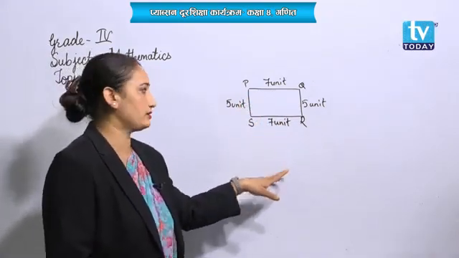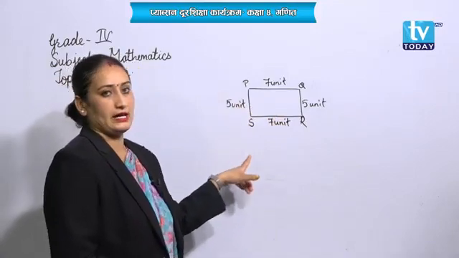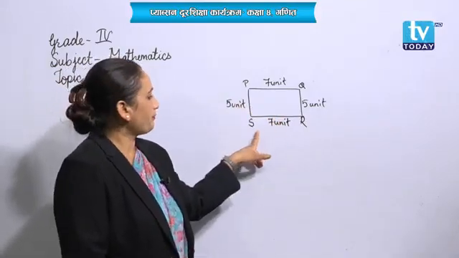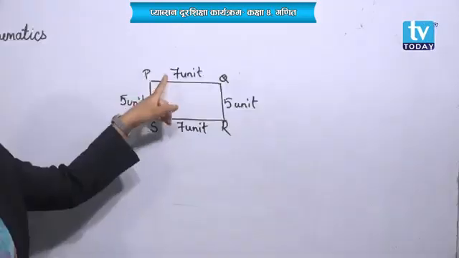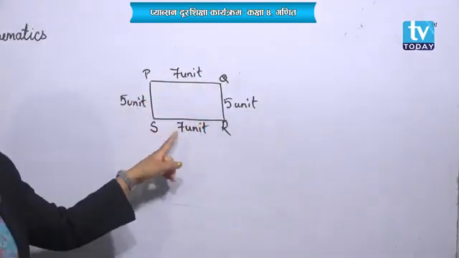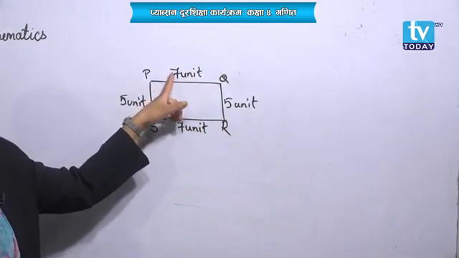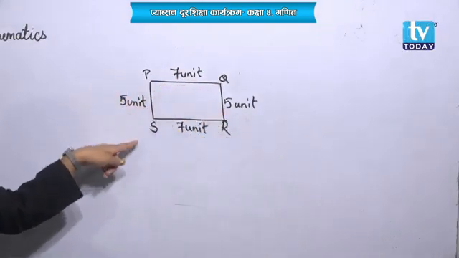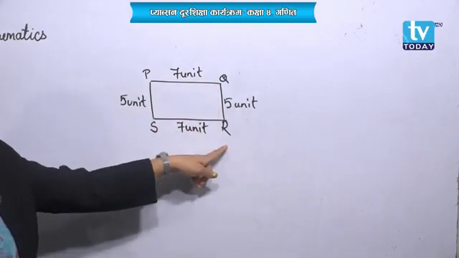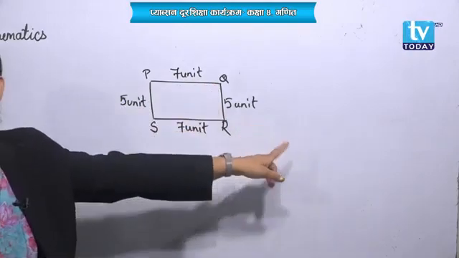Now, SR you can see at the bottom is 7 units, or you can say PQ equals SR equals 7 units, and PS or QR equals 5 units.